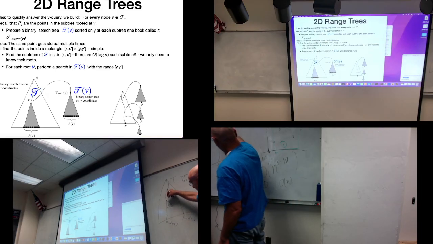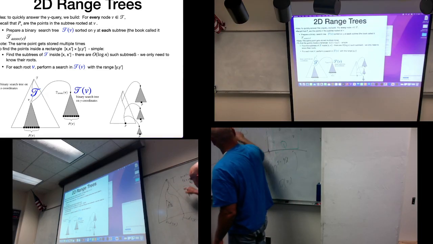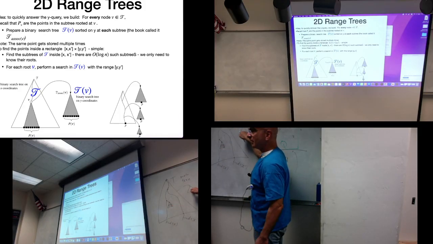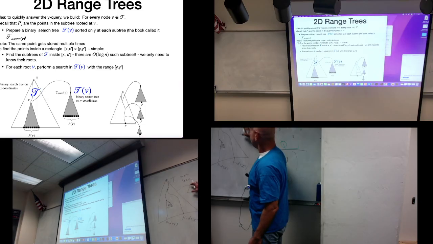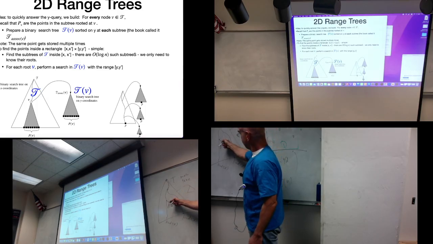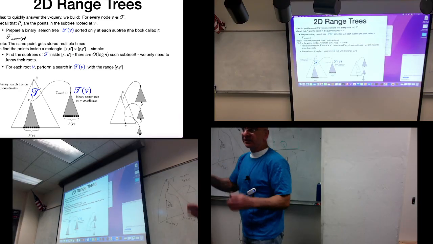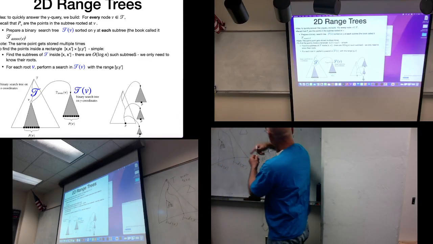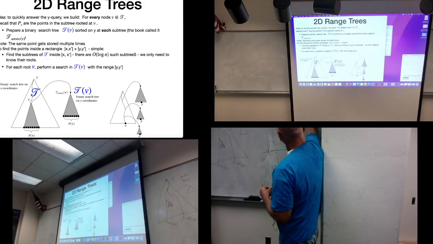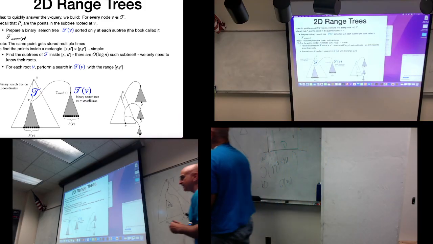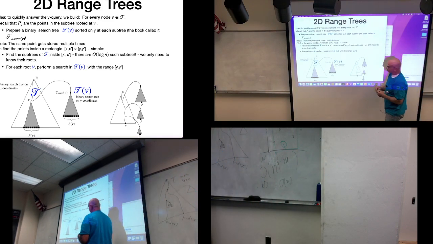It's associated with yet another subtree that contains the very same points, but sorted by Y. I don't care anymore about the X value. They are all inside the slab between X and X prime. All I care is, do they satisfy the Y condition or not?